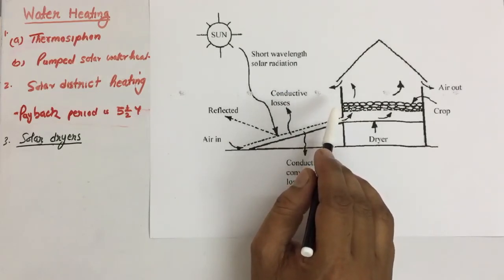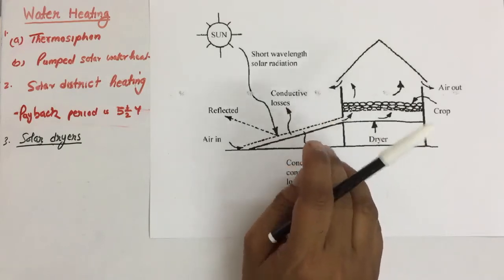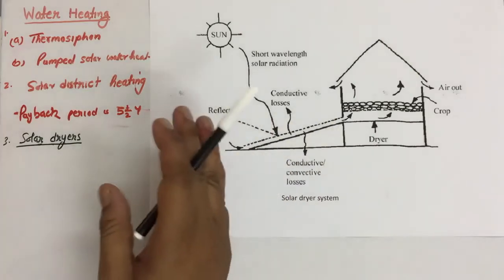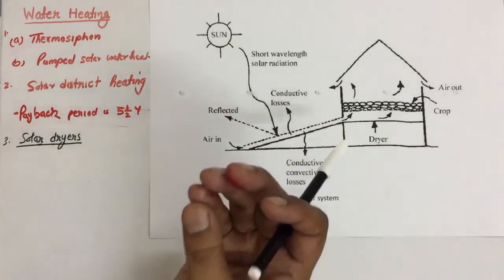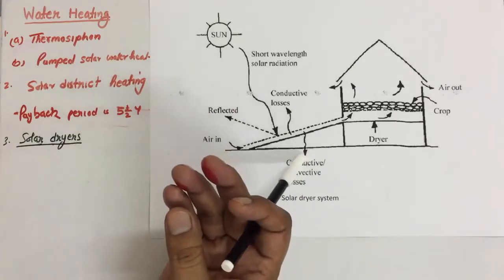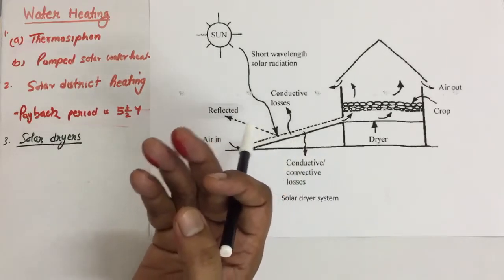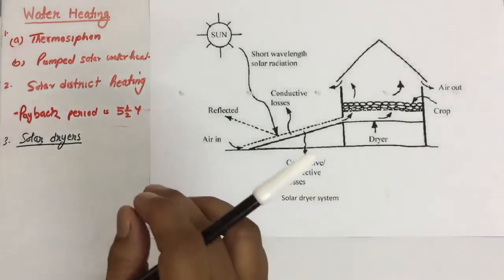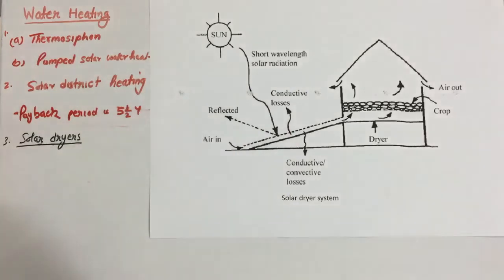We know that controlled drying is required for various crops and products, for example grains, coffee, tobacco, vegetables, fruits and fish. If we keep them for future use for a longer period, then controlled drying is required, and their quality can be enhanced if the drying is proper.